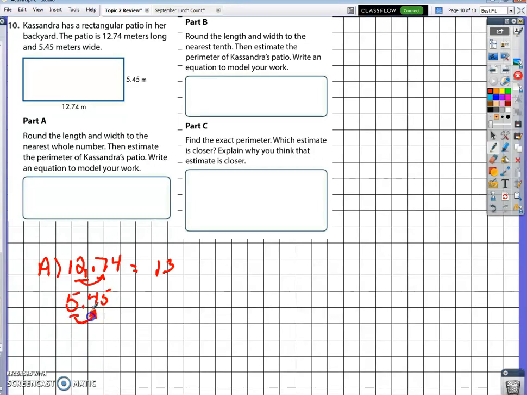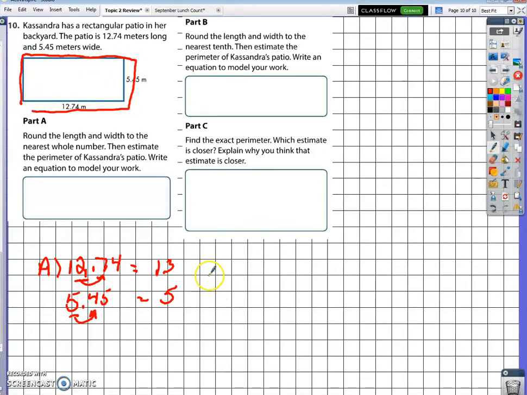And that 4 tells me to keep that a 5. Then estimate the perimeter. So I know the perimeter is the distance all the way around our object. So if we were to walk all the way around this rectangle, we're going to walk about 13, about 5, about 13 more, and about 5.